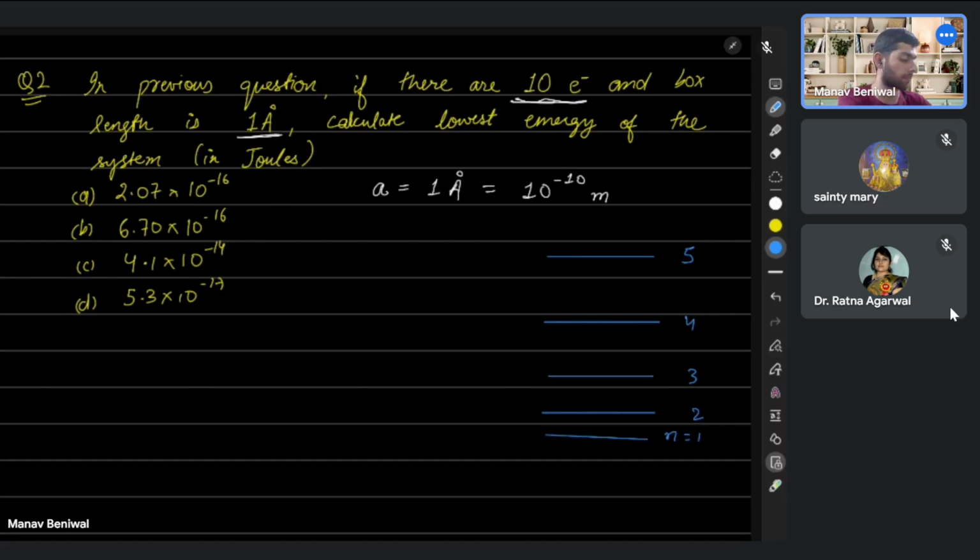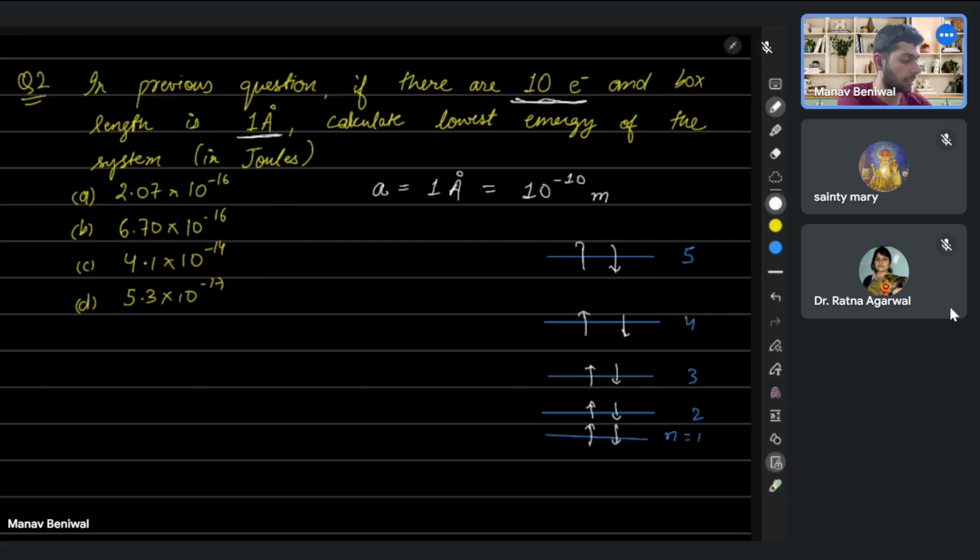Now we know that these are electrons, so while filling these levels up, only 2 electrons can go in each level at a time. So each will have 2 electrons, up, down, up, down, up, down, up, down, like this. Correct?